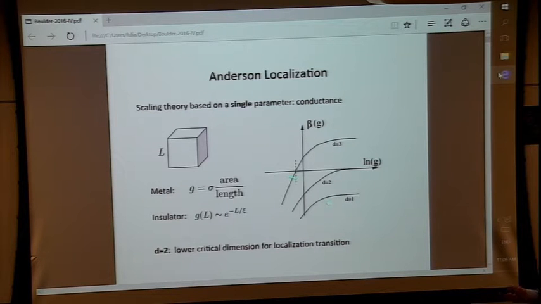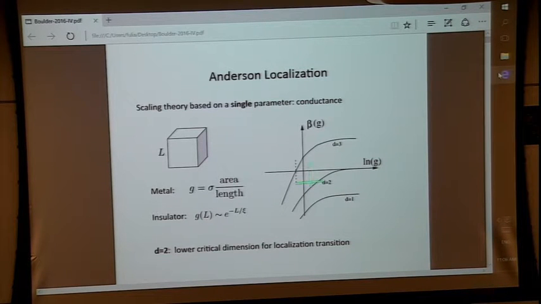So this gives us how the conductance scales with system size in the opposite limit, the insulating limit, where the conductance at a given system size is very small to begin with. So it becomes smaller and smaller. The beta function tells us how the conductance at one length scale changes as you double the system size, the so-called beta function in the renormalization group flow.